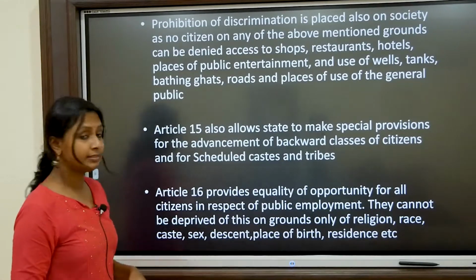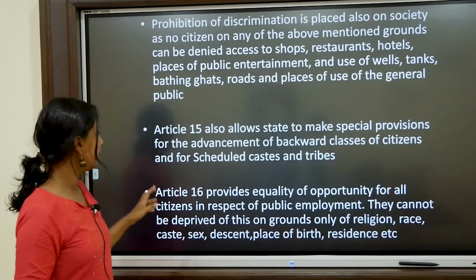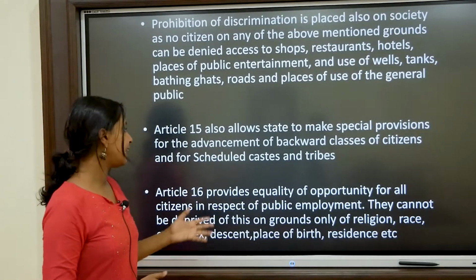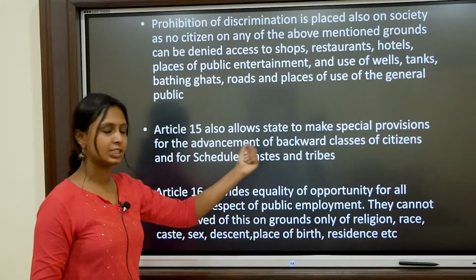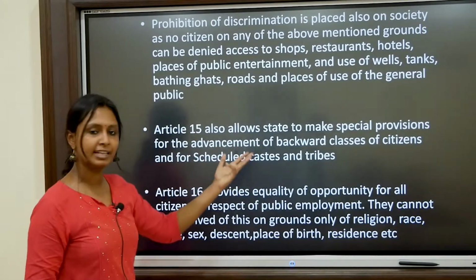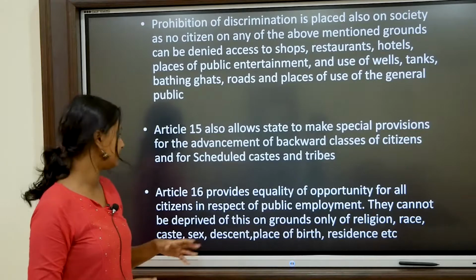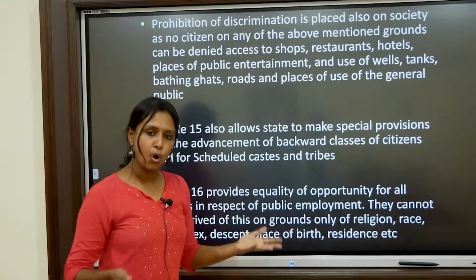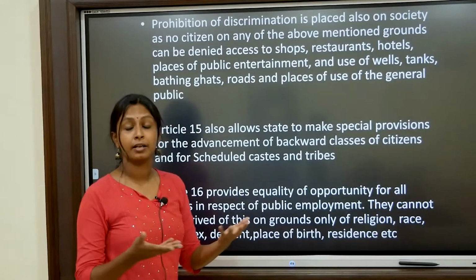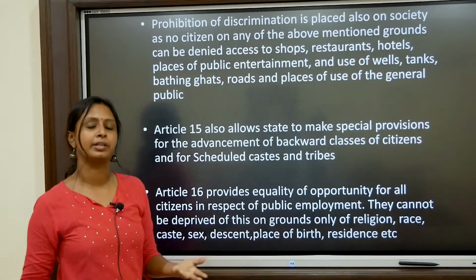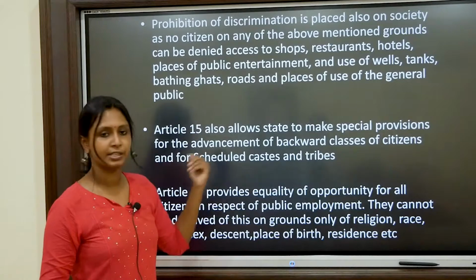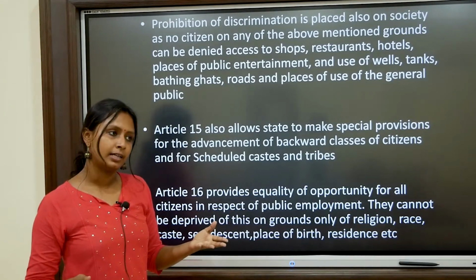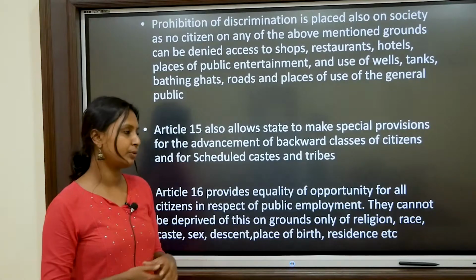It is prohibited through these constitutional provisions. And another provision in Article 15 is that it allows the state to make special provision for the advancement of backward classes of citizens and for scheduled castes and tribes. We all know that in India there are many different communities, and scheduled castes and scheduled tribes are usually termed as backward communities.